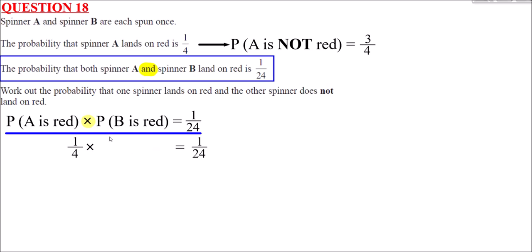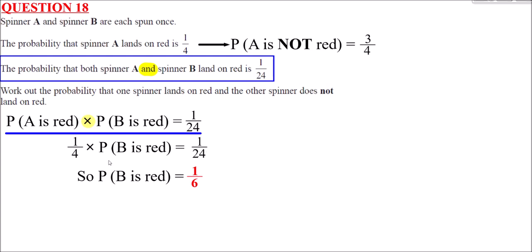Imagine this number's a fraction. To multiply two fractions together, we multiply the tops and multiply the bottoms. So 1 times 1 would give 1, and 4 times 6 would give 24. So the fraction here that makes this work has to be 1/6. Therefore, the probability that B is red has to be 1/6, because 1/4 times 1/6 gives 1/24.